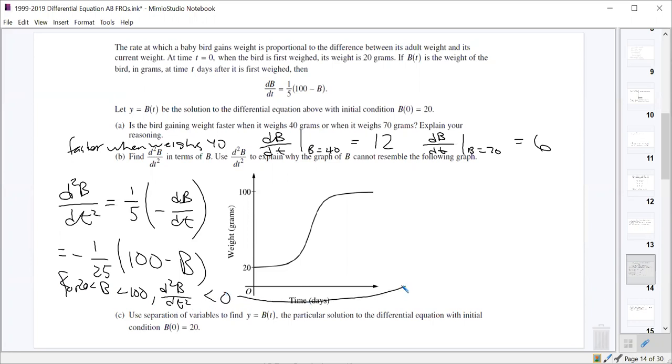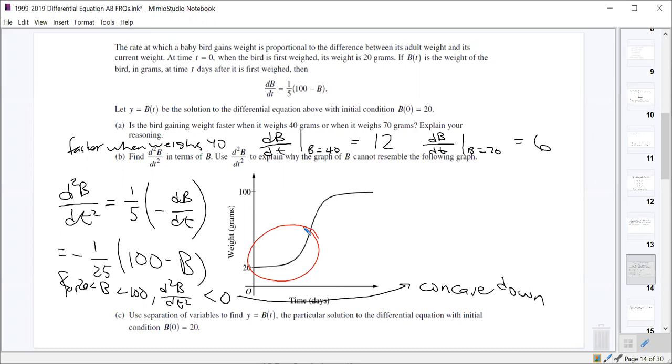If it's always negative, it should always be concave down. Is that part of the graph concave down? No, that part of the graph is concave up. So there's your explanation. The second derivative indicates that it should always be concave down, yet half of that graph is concave up. Good or no? Everyone's good with that? Wonderful.